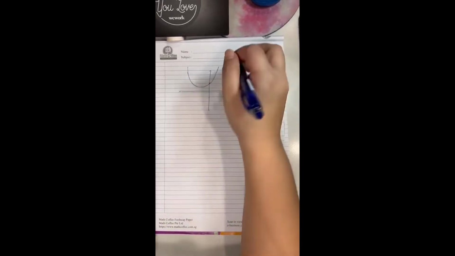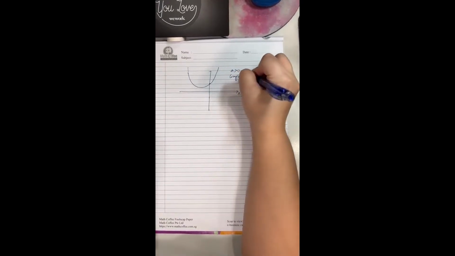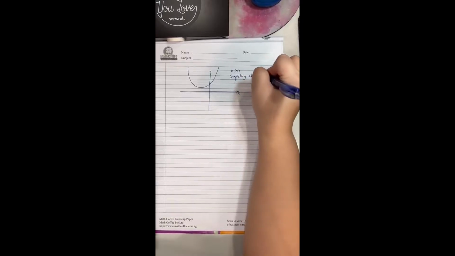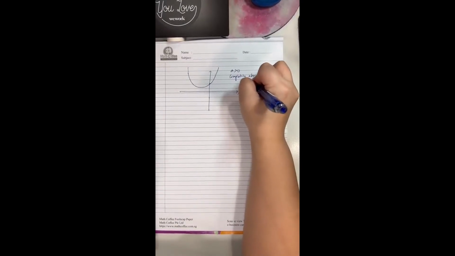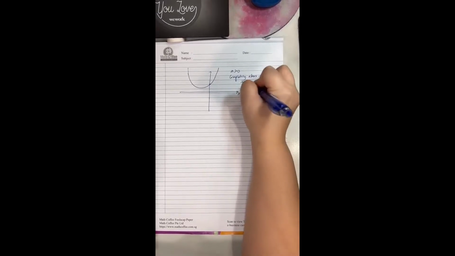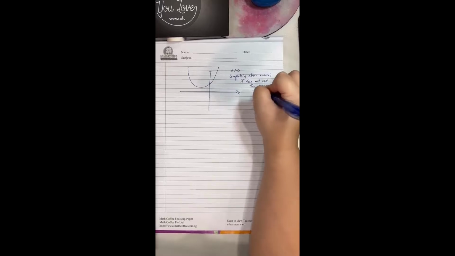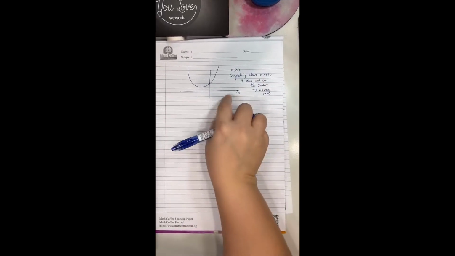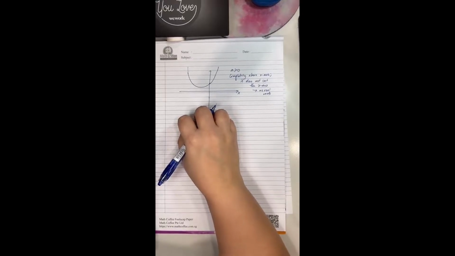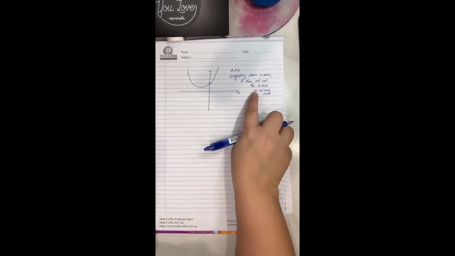So if it did not cut the x-axis, completely above the x-axis means that it does not cut the x-axis, and it also means that it has no real roots. Because a real root, when you have a solution, is because the graph cuts the x-axis. So in this case, there's no real root.